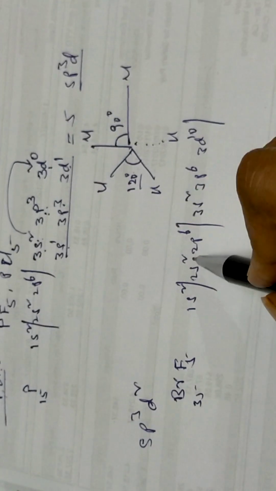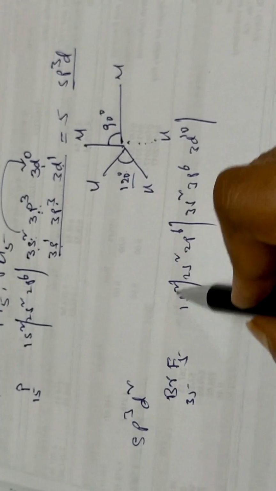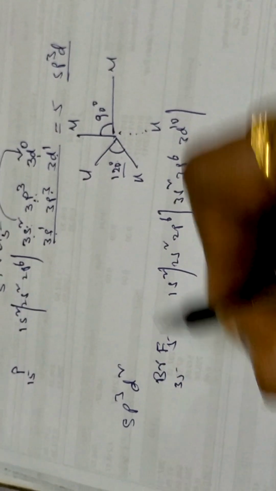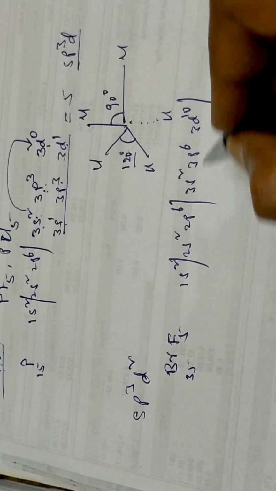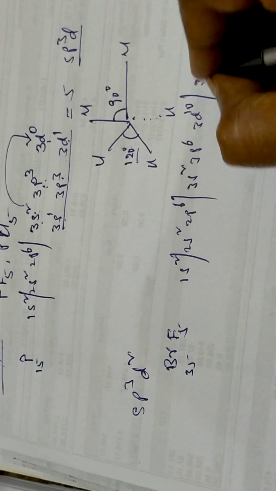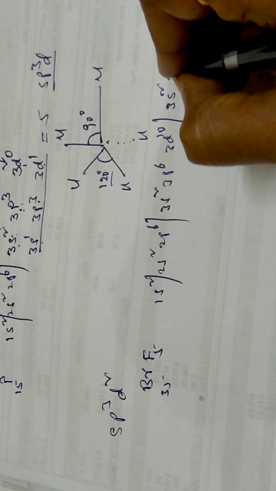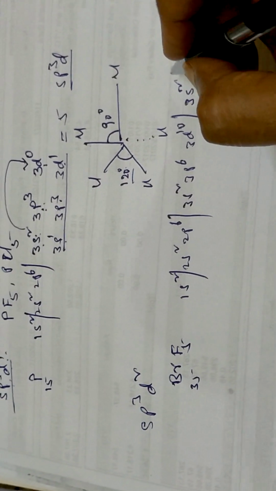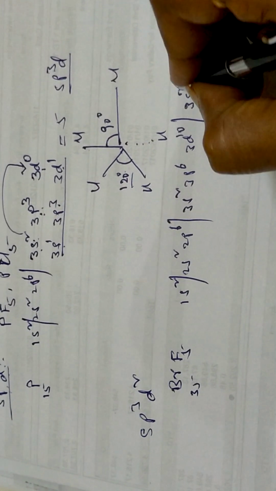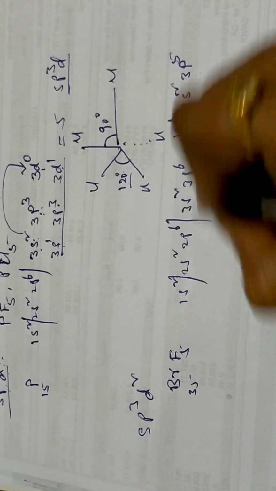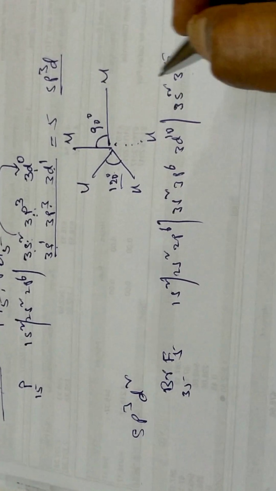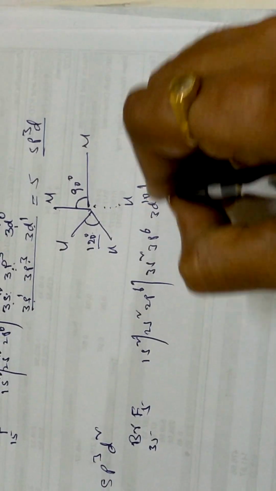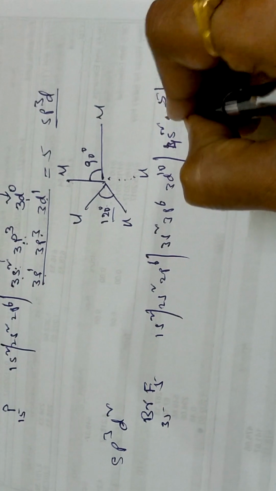Then 2 plus 6 is 8, plus 2 is 10, plus 18 is 28, another 7 is needed: 4s2, and since it is in the chlorine family, 4p5. 5 plus 2 is 7, plus 28 is 35.